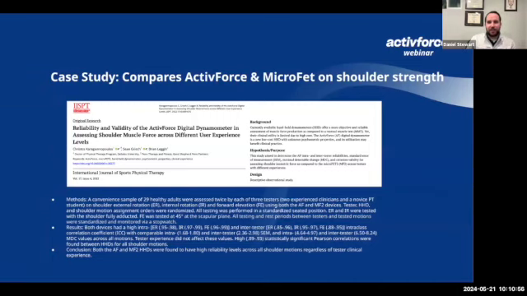Right. And one thing I want to highlight here is we get a lot of questions about validity and reliability. One of the things that I usually tell people is to remember that the technology behind the ActivForce or all of these handheld dynamometers is really just force plates, right? It's a force scale. So it's the same technology that you would use when you stepped on a scale at home, or when you put your bag on the scale at the airport.